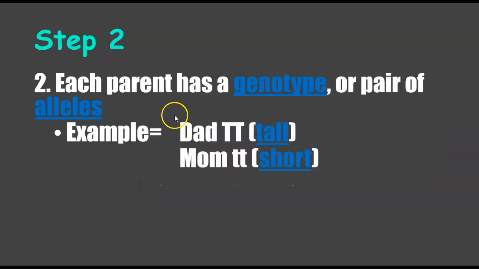Okay, so one of the main things you need for a Punnett square is the parents' genotype or their alleles. You need to be able to see them to be able to complete the Punnett square. So, example, we're going to have tall and short, where dad is capital T and mom is lowercase t, and short.